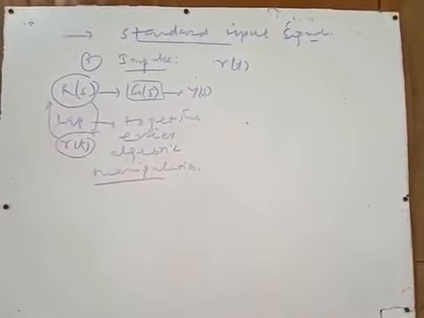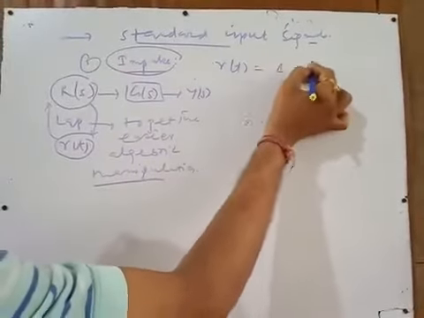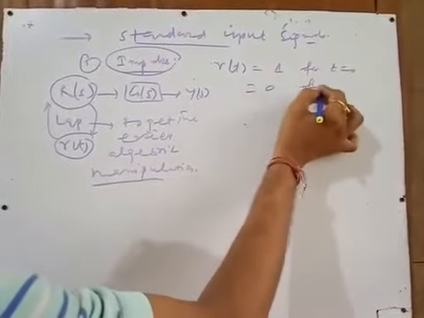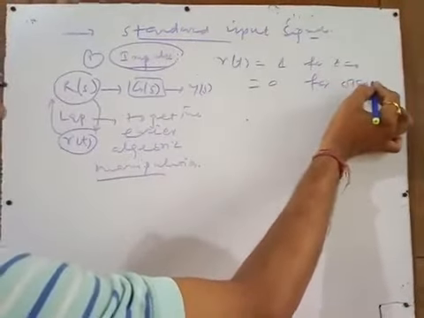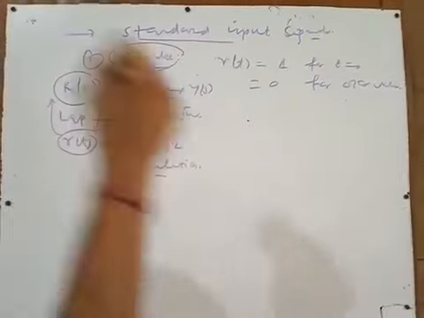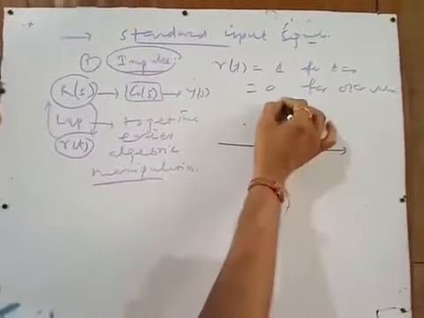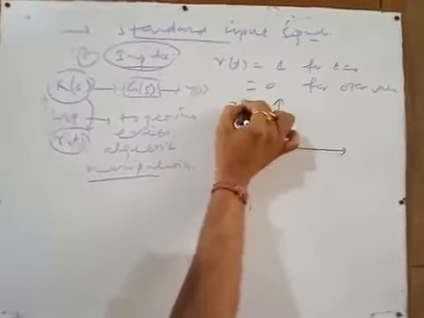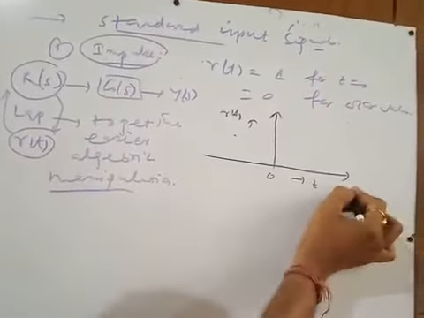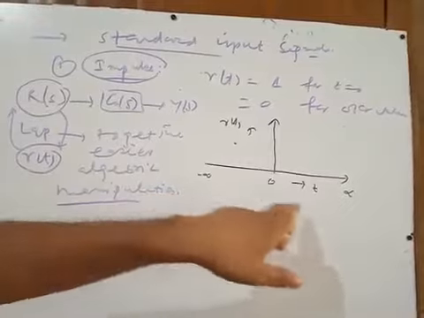That is why we say the function of the impulse is r(t) equal to 1 for t equal to 0 and 0 for other values. That means if you draw the graph of it, this is the magnitude of r(t), and this is your time. Time ranges from minus infinity to plus infinity.